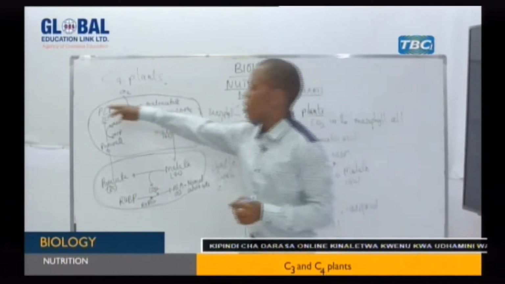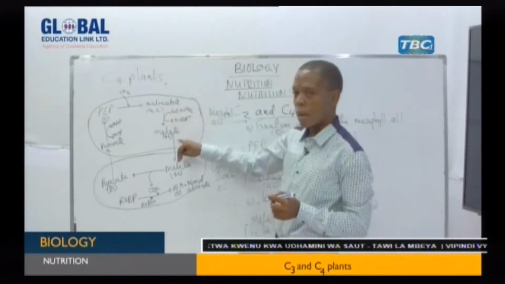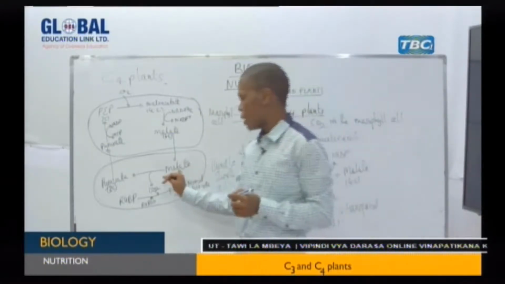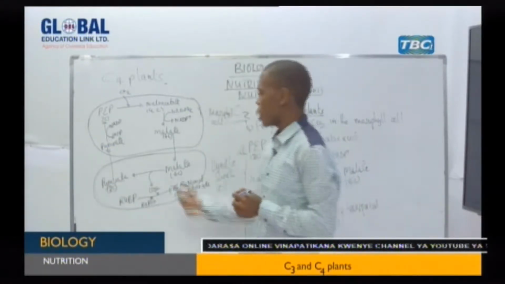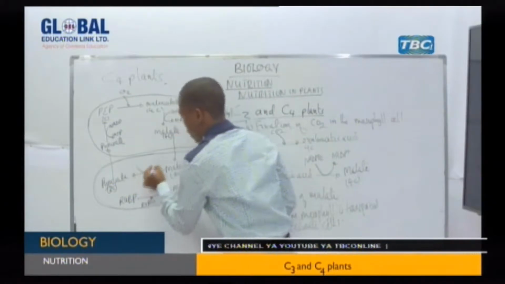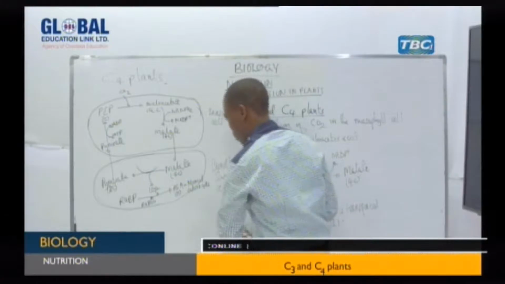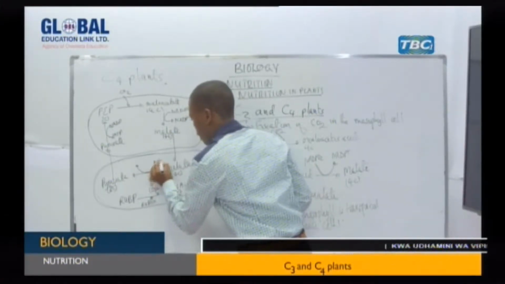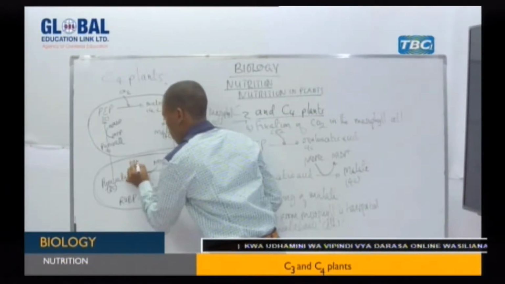As you see, carbon dioxide fixation is here. After this, there is a conversion of oxaloacetate to malate. Then malate is shunted. After being shunted, this malate dissociates to form carbon dioxide and also to form the pyruvate. But during this process, again, the malate, one of the products, oxidized NADP is used to regenerate NADPH2.